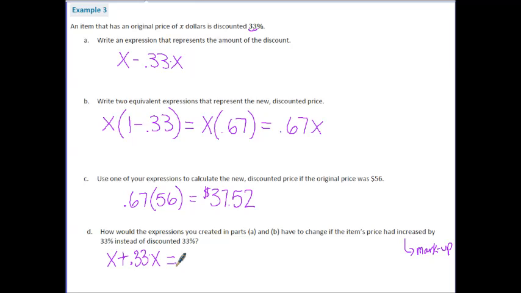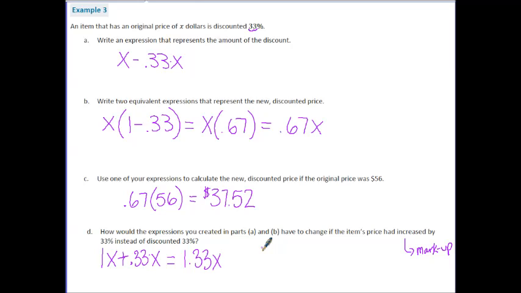So let's create an equivalent expression for this. We know that this is one whole, so what I can actually do here is combine like terms. So what we have here is 1 whole x plus 0.33x. Combining like terms gives me 1.33x. So this expression would be how to calculate any price that is increased by 33%.